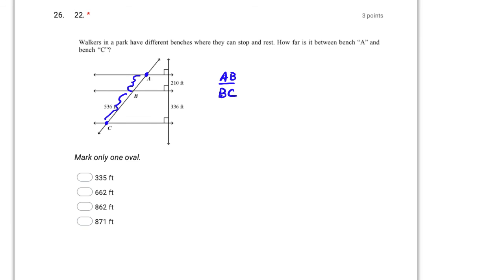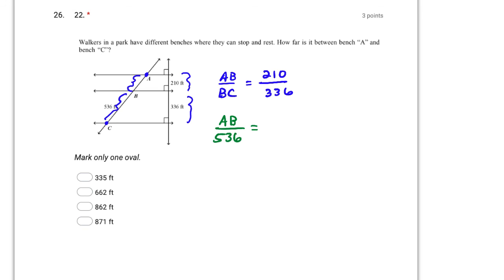That's this BC, would have to be equal to, and they didn't label these right here, so we're just going to use 210 for the top part, and we'll use the number 336 for the bottom part. Okay, now BC we do know is 536, so let's do a little substitution. AB over BC, 536, equals 210 over 336.